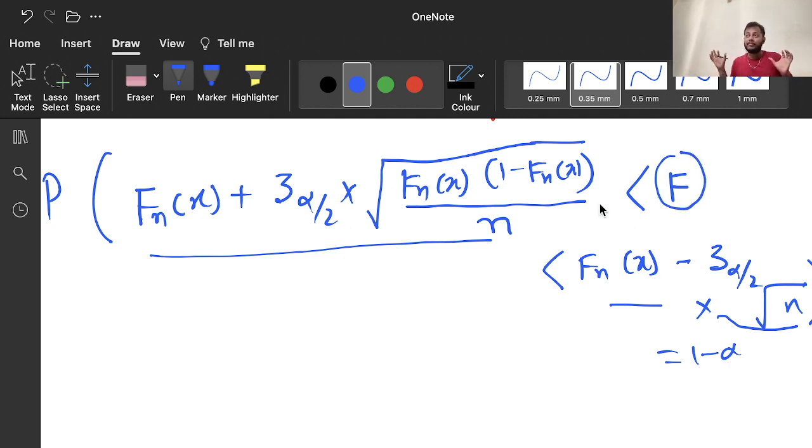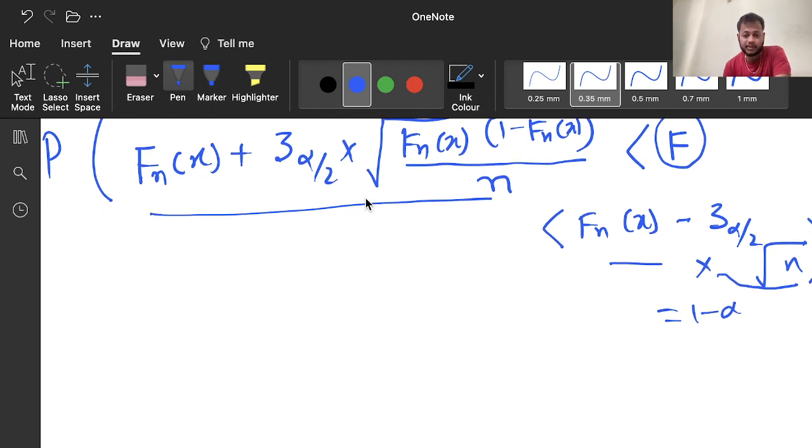So with 1 minus alpha we will give a boundary, and we can say that with probability 1 minus alpha our actual probability distribution or actual cumulative distribution will lie in that region. So that is called the confidence level, a confidence interval. So this is my confidence interval.